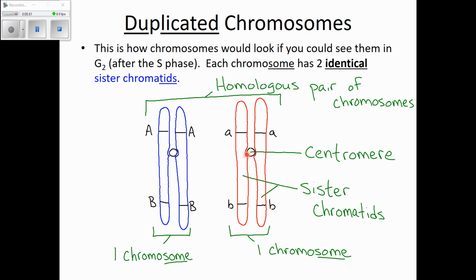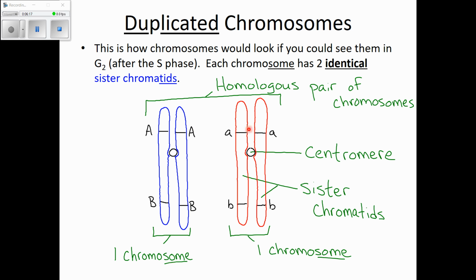We'll talk more about that later, but the kinetochore is the attachment site for spindle fibers. Basically, tow cables are going to attach to those kinetochores on either side of the centromere, and that is going to allow the chromosomes to be moved around and eventually pulled apart. We're going to separate the chromatids during mitosis.